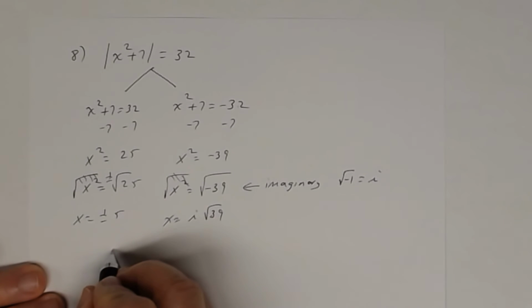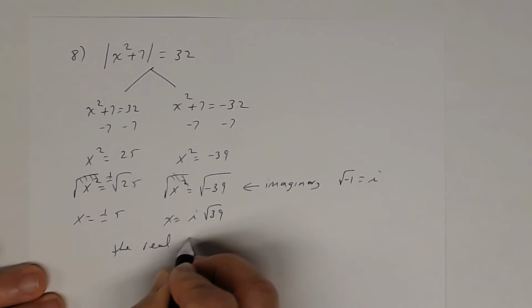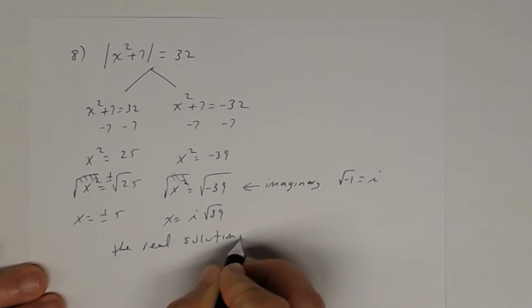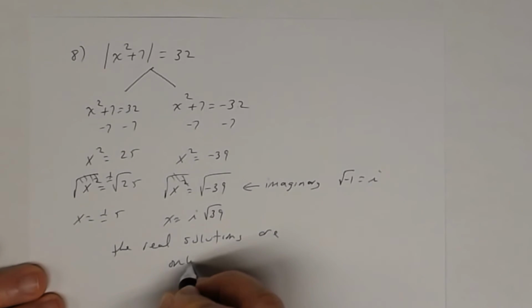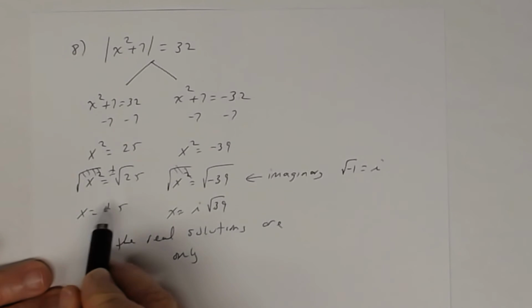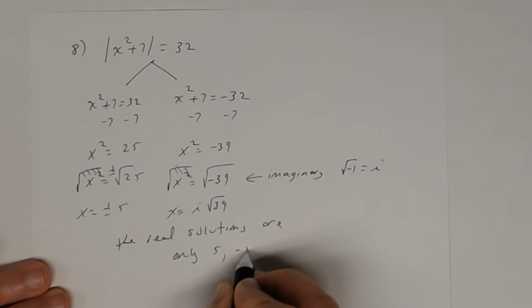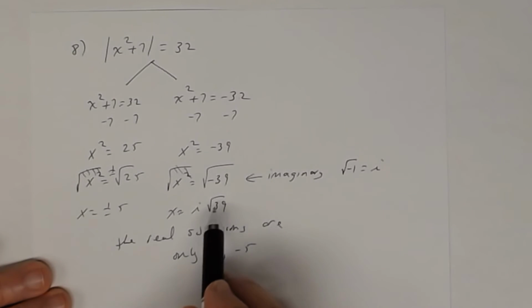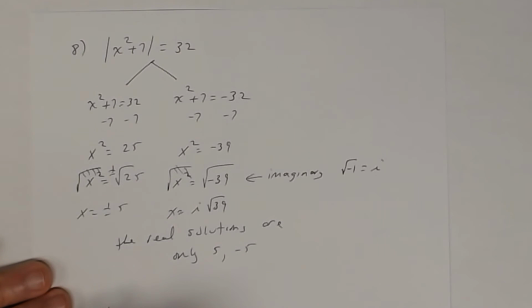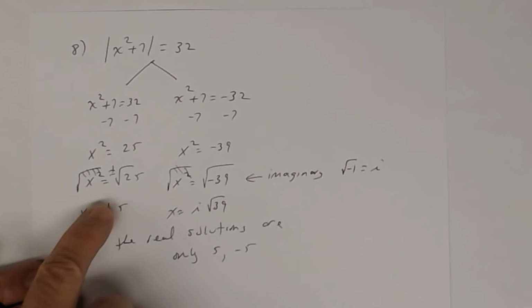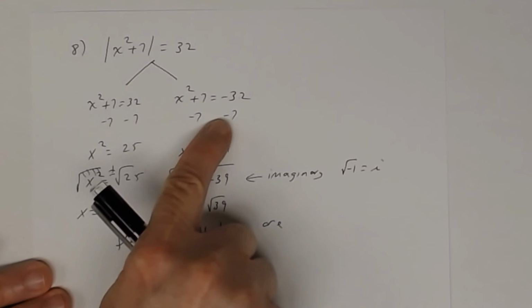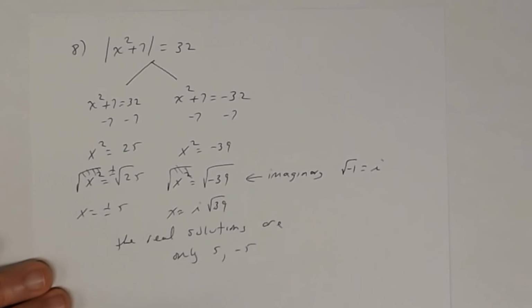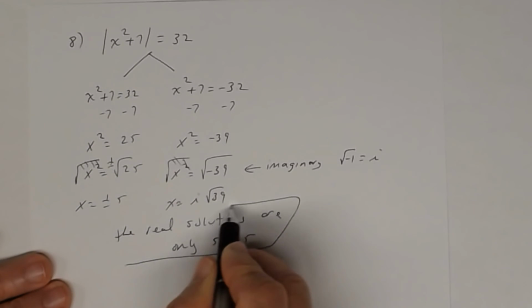So in terms of real solutions, these rational numbers here are only 5 and negative 5. These are not real numbers. Remember, an imaginary number is not a real number. So if you're asked just to find the real solutions, then this equation here will give you the real solutions. This one will give you imaginary solutions. So just keep that in mind, okay?